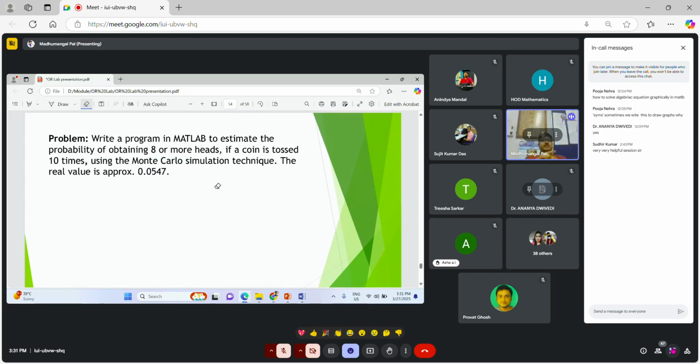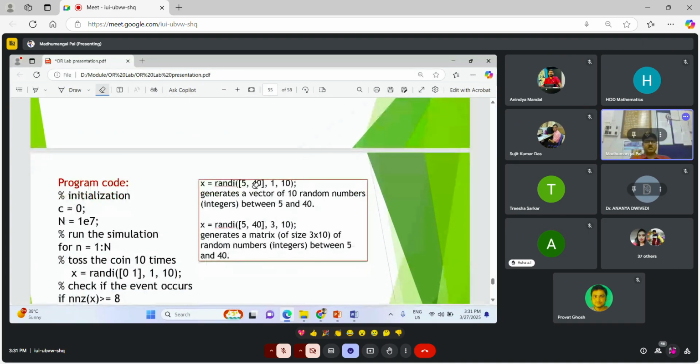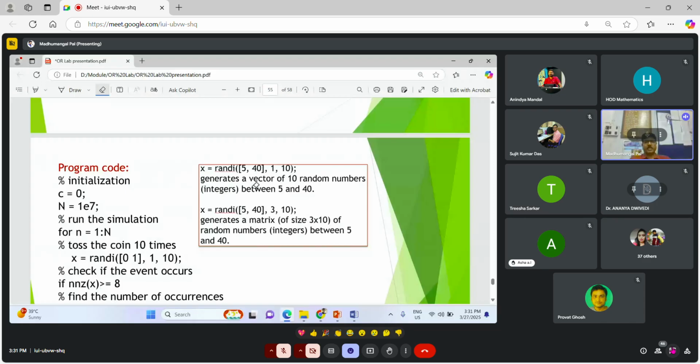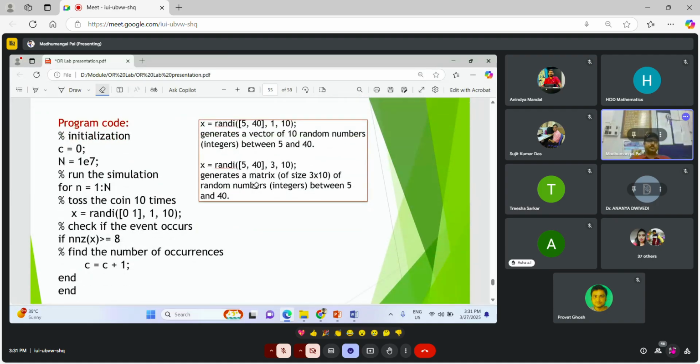Everybody knows that the probability of getting a hit for a single toss of a coin is half. This is the theoretical or probabilistic concept. But if we want to find out whether the probability of a hit for a single toss is really half or not, that can be done in an experimental way.